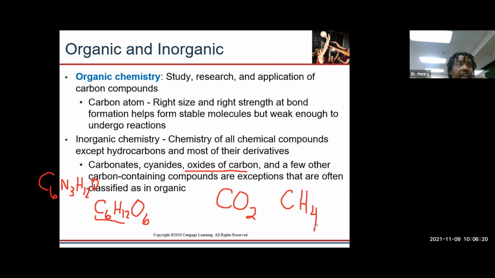Now, a hydrocarbon only has hydrogen and carbon. So which one of these would be a hydrocarbon? Or would all of them be hydrocarbons? I said a hydrocarbon only has hydrogen and carbon in it. So which one of these would be a hydrocarbon?